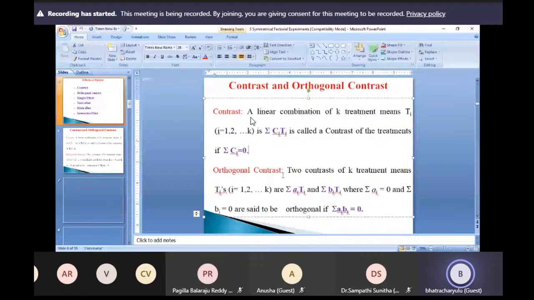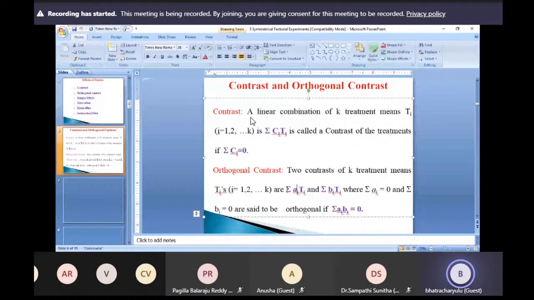Next, the orthogonal contrast. Suppose there are two contrasts. One is the summation of AiTi and the other is the summation of BiTi. I multiply A1 with B1, A2 with B2, A3 with B3, and so on.